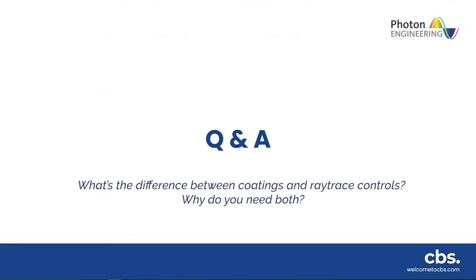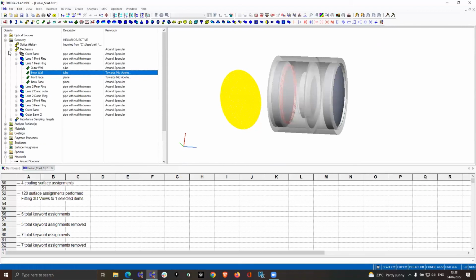Ray trace controls and coatings are different in that the ray trace properties define what is allowed to happen at an individual surface, so whether light is allowed to reflect, transmit or scatter. But this doesn't determine how much power those rays have. It only determines whether they're allowed to carry on to trace.